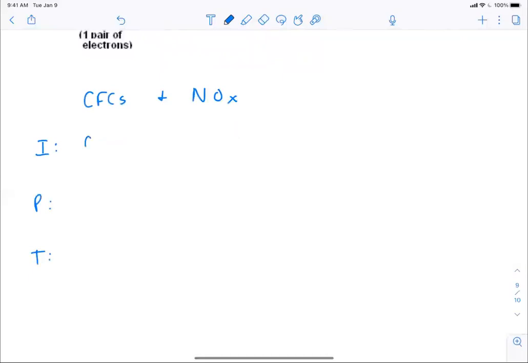And so initiation, you have that UV light and you create that Cl free radical.